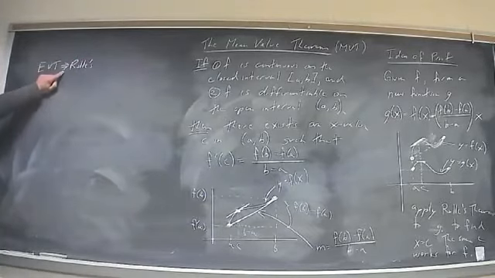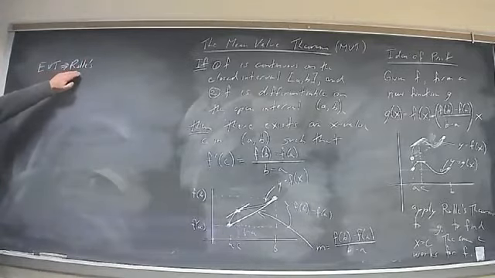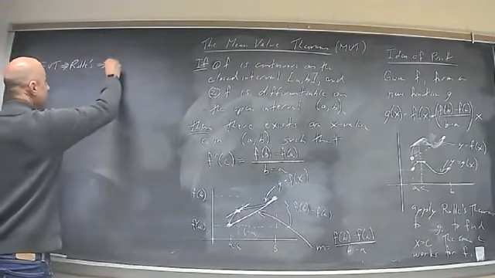That little arrow sometimes means implies, so we used the extreme value theorem to prove Rolle's theorem. And we used Rolle's theorem to prove the mean value theorem.